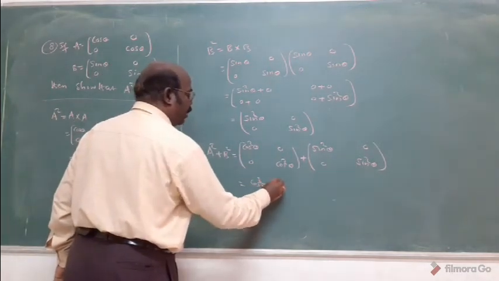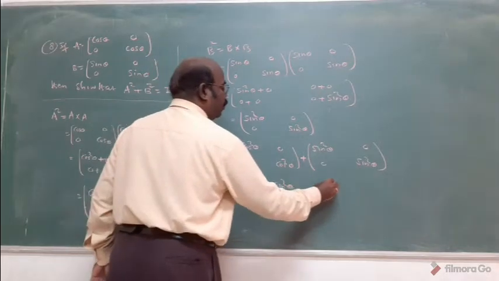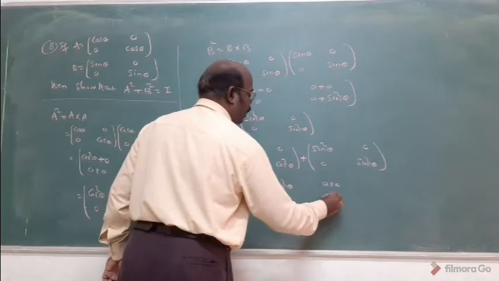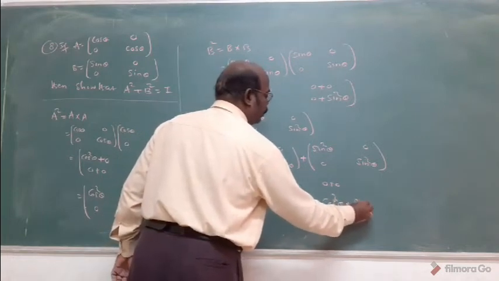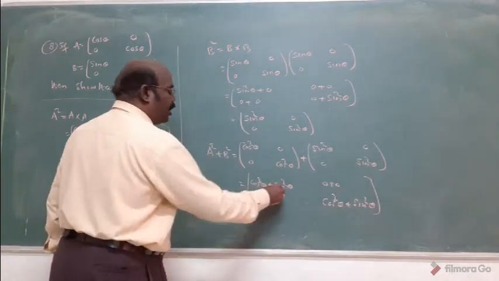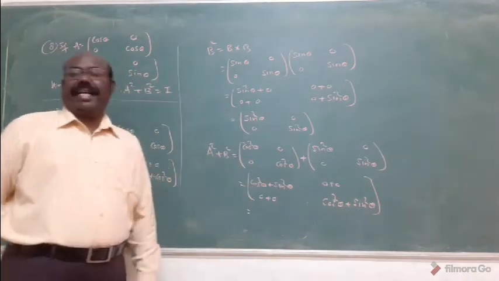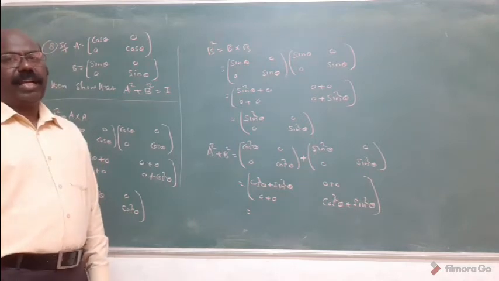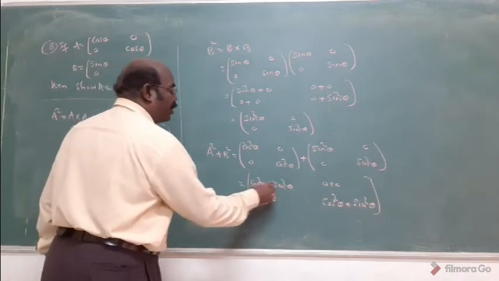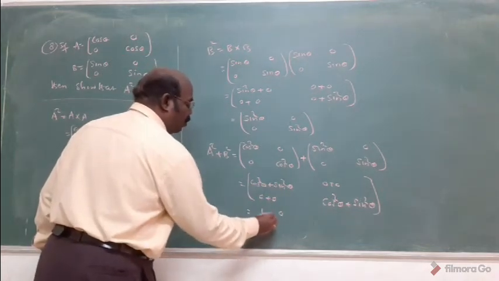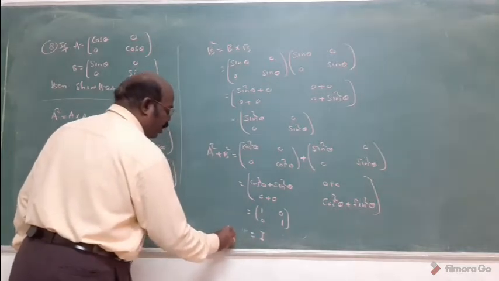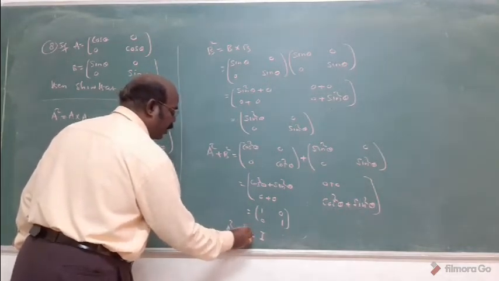Cos square plus sin square theta, 0 plus 0, here 0 plus 0, here again cos square plus sin square. This is the trigonometric idea: sin square plus cos square, or cos square plus sin square, is 1. This is called the trigonometric identity. So we get 1 0 0 1. This is called the I matrix, that is, the unit matrix.